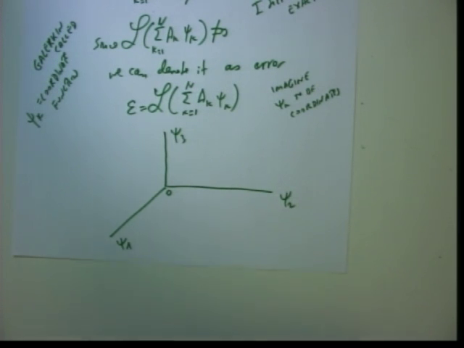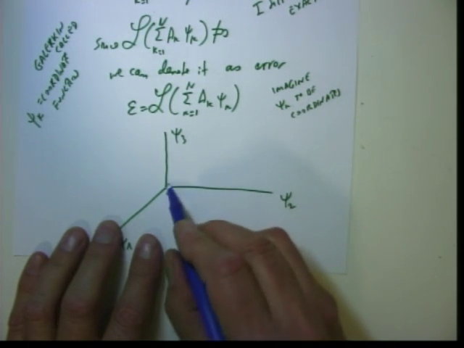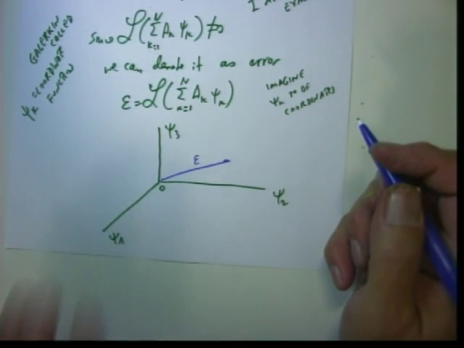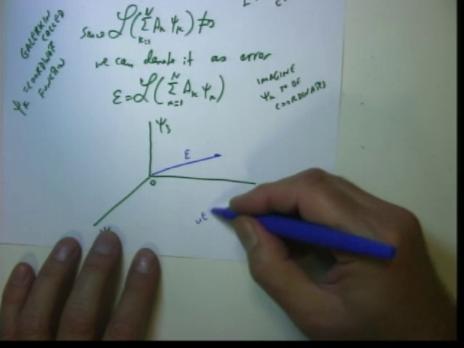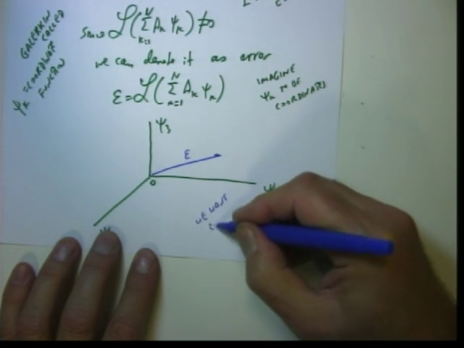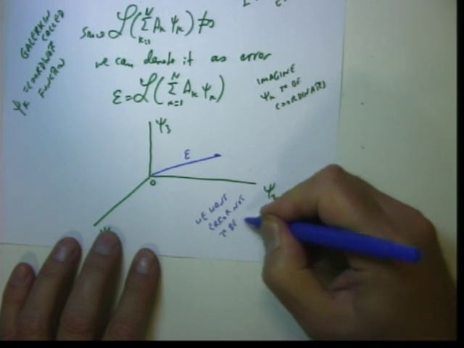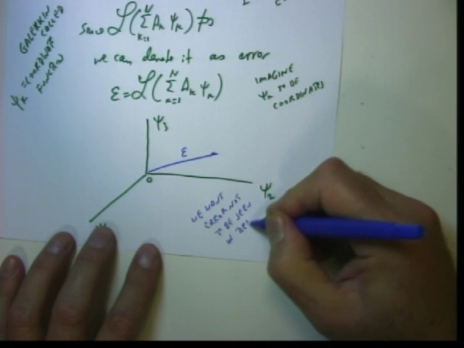Where is my red pen? Okay. So then error is not 0. So this error is, say, something like this. So that is an error. So now we want the error not to be seen in these directions.